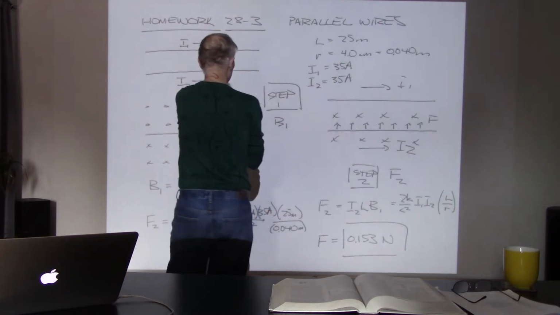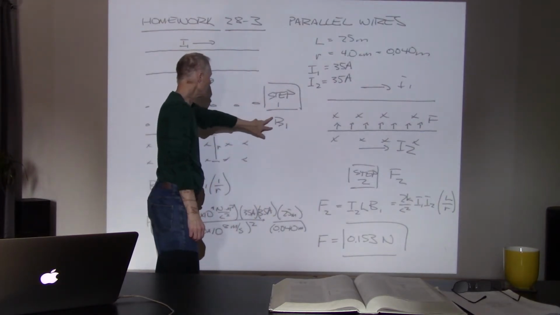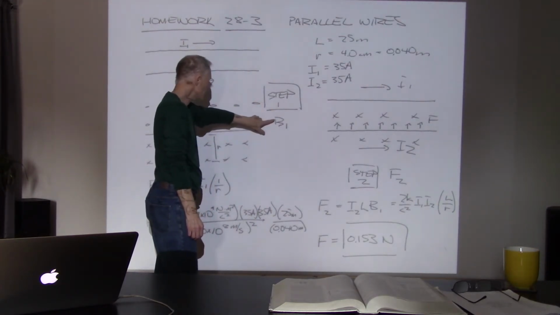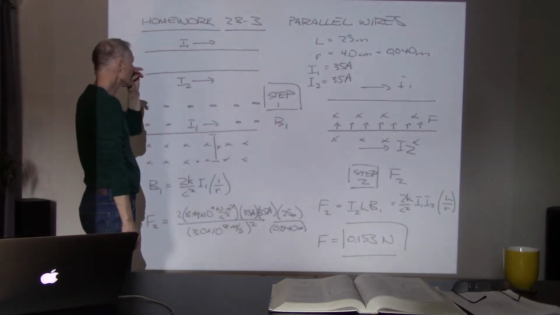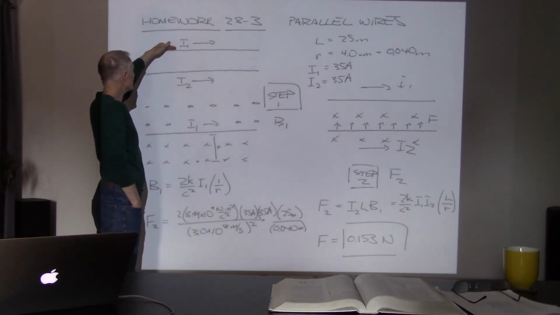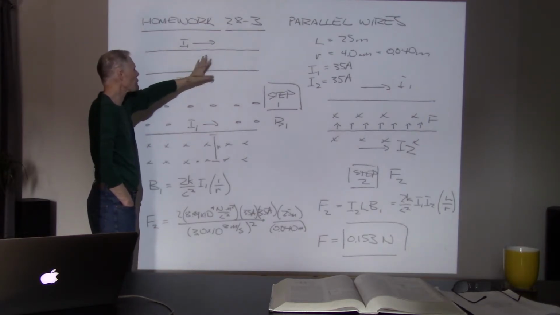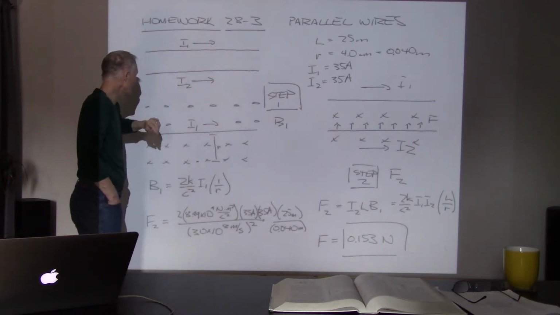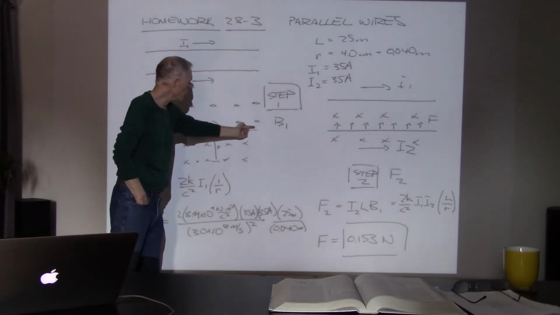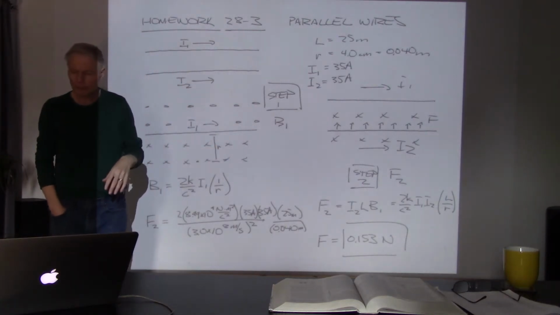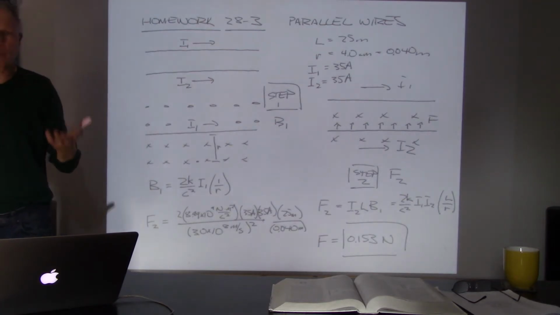Step 1, and we talked about this in class: find the magnetic field due to current number 1. If I ignore current number 2, I erase this, it's gone. If I'm just looking at current number 1, I can ask, what does its magnetic field look like?